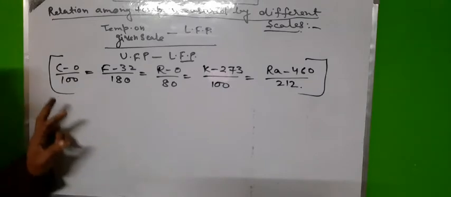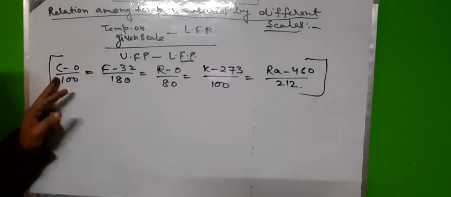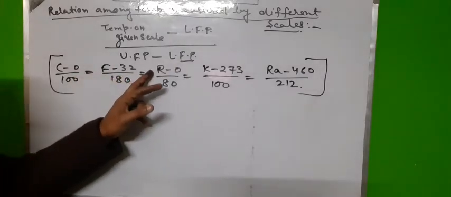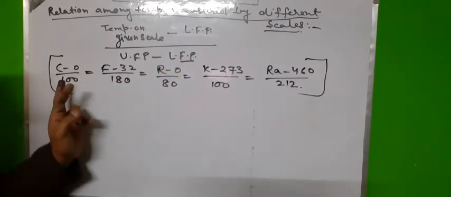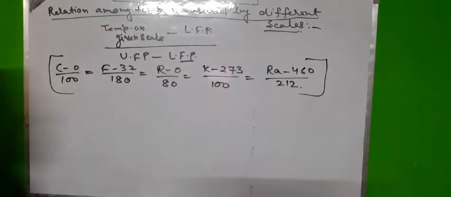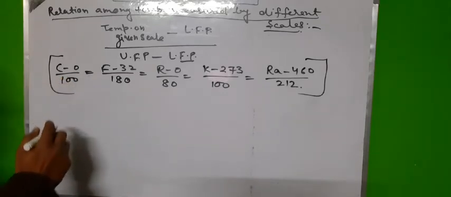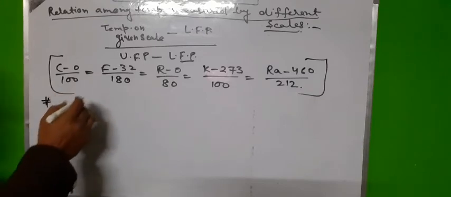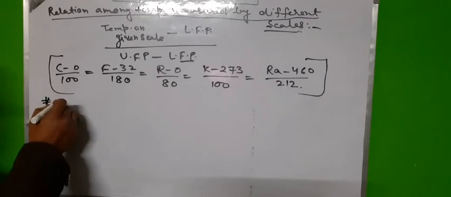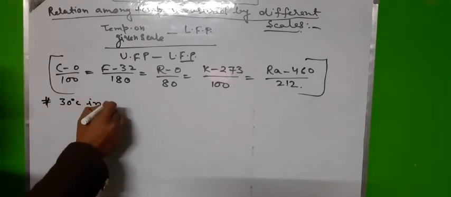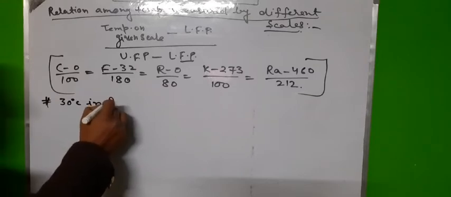Now suppose you are given the temperature in Celsius and you have to convert it into Kelvin or Reaumur or Rankine. Suppose you have to convert 30 degrees Celsius into the Reaumur scale.